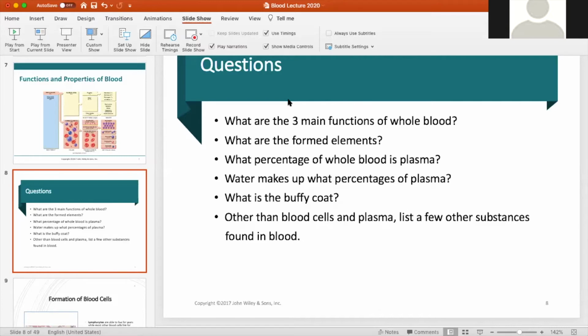What percentage of whole blood is plasma?